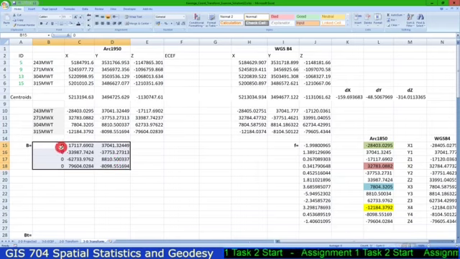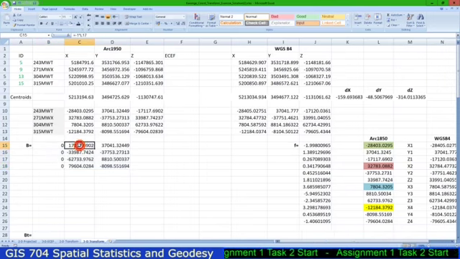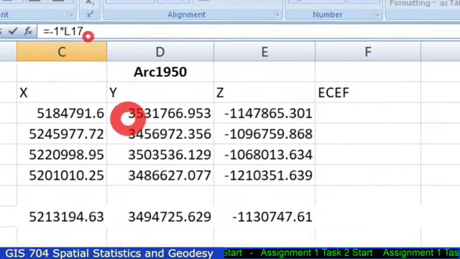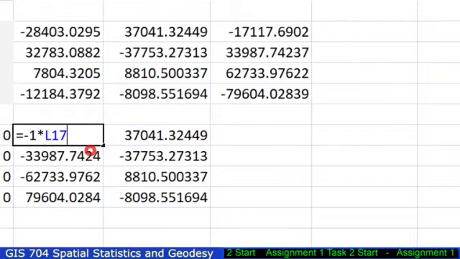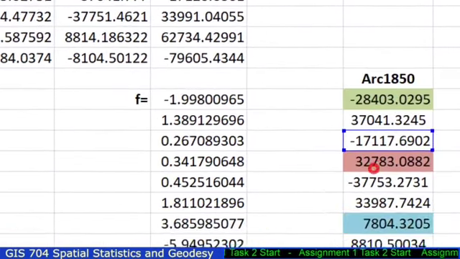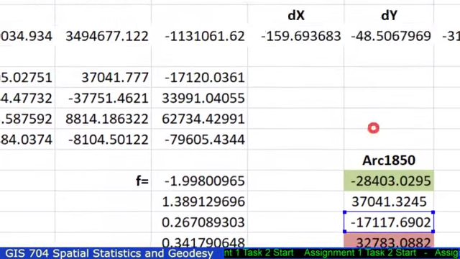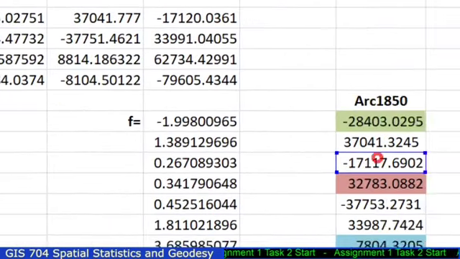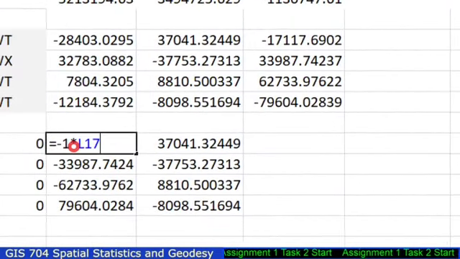The first column is 0, I've got 4 coordinates, so I've got 4 zeros over there, and then over there I've got minus 1 times L17, and I think L17 was this one, minus 1 times the Arc 1950 datum over there, so that's minus the Z of that coordinate.